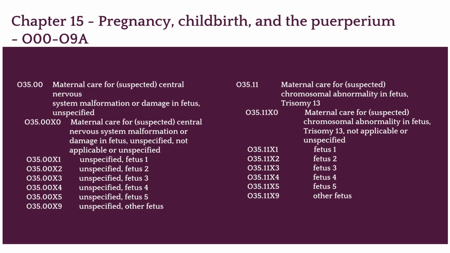Now, this category also includes specific codes for chromosomal abnormality in the fetus, and further specifies the conditions such as whether it is trisomy 13, trisomy 18, or trisomy 21, or whether it is Turner's syndrome, or sex chromosomal abnormalities.